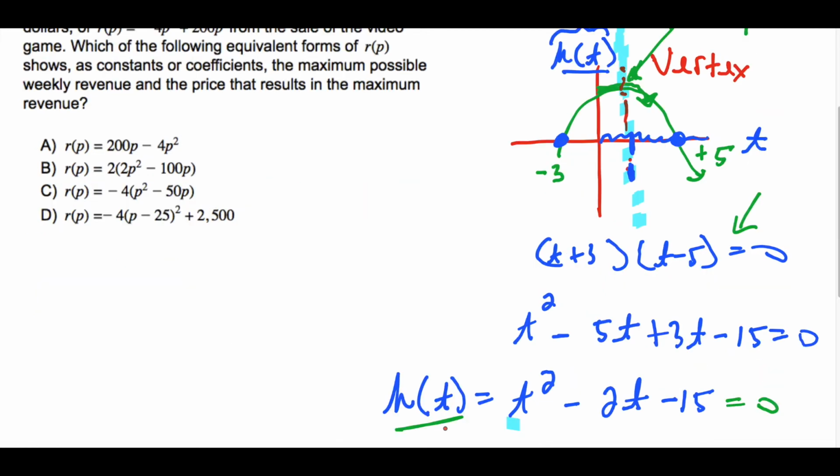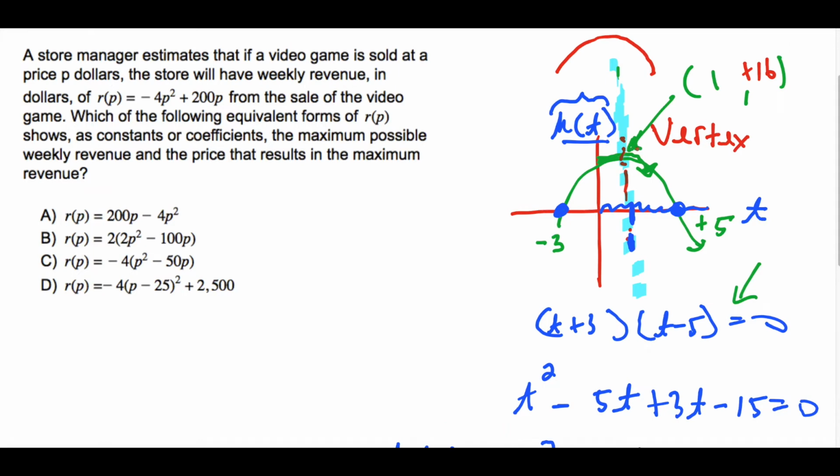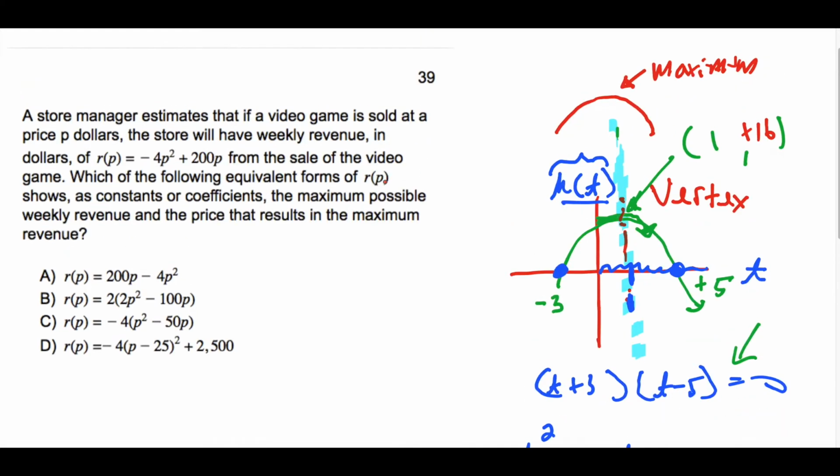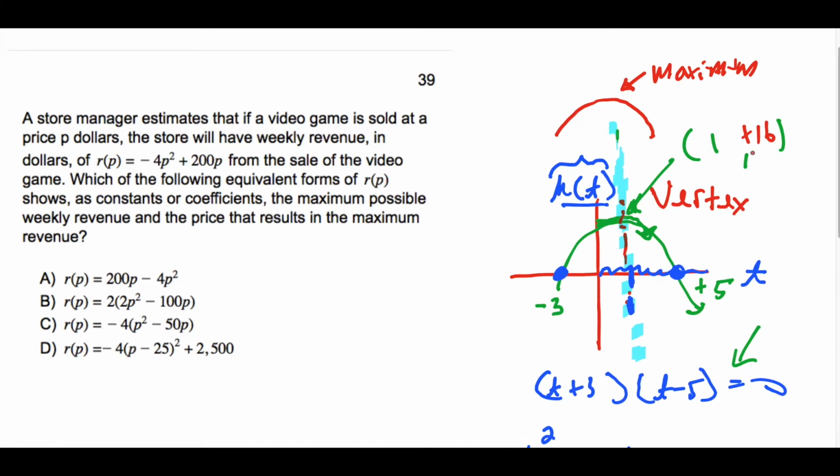And when you find the vertex, what is that going to give you? It's going to give you the time of the maximum of the height. So make sure you're answering the question correctly, because there are 2 questions here, actually. The first question is, what's the maximum height? 16. And the second question is, at what time does it reach its maximum height? 1 second. 1 second. Okay.